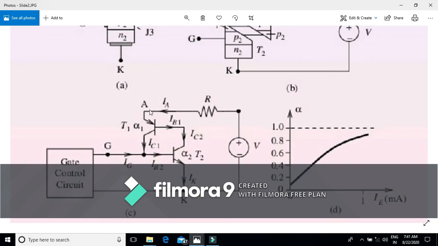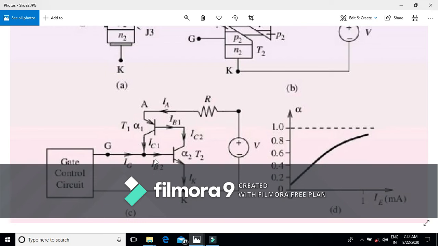If emitter current and base current increase, this collector current increases. If this collector current increases, the base current for this P2, which is a combination of IC1 plus IG, increases. As initially we started with only gate current, we are saying that this collector current IC1 is 0. We started with base current IB2 equal to IG.